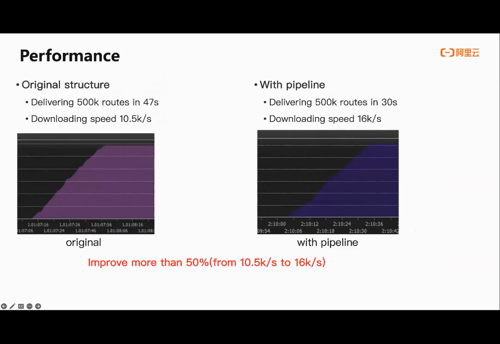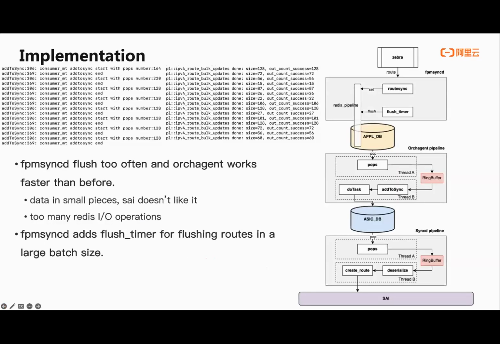Sorry for the interruption. Actually, I think that the flush timer will certainly add the delay and may cause convergence issues as well. One optimization that you could have done is actually increase the buffer size between Zebra and FPM.